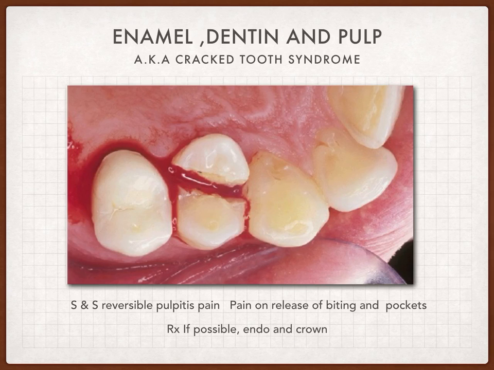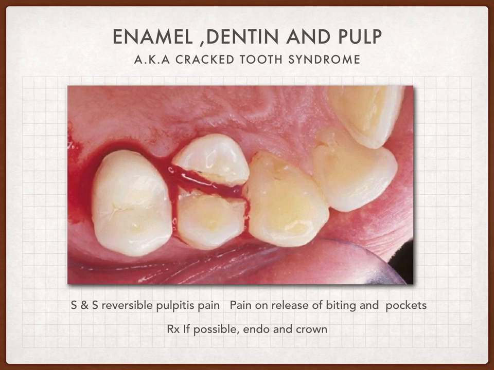Okay. The second case is when we have a vertical fracture in the crown only, but it extends from the enamel to the dentin and pulp, and as we can see here, there is blood, so the pulp is involved.